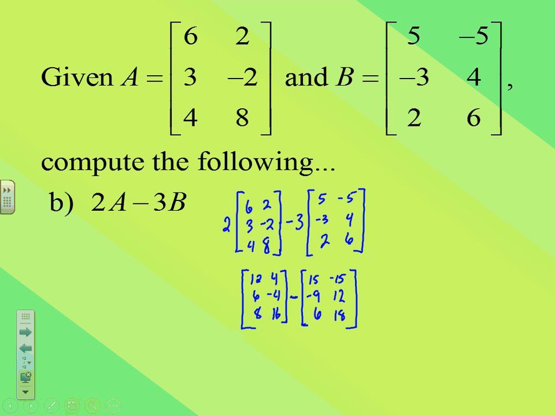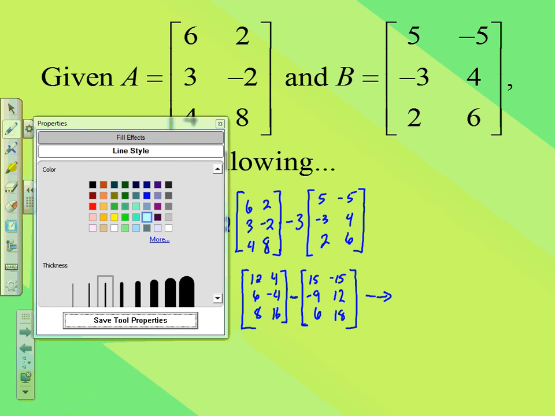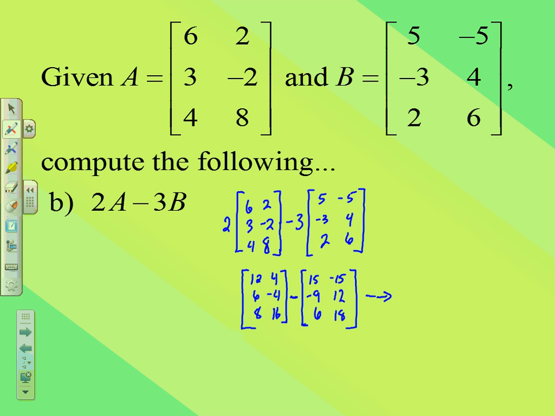So now we're going to combine these elements. And for the interest of space, I'm going to just write my answer to the right of this. Just in case anybody needs to see it one more time, let's identify some of our color coding here. This 12 combines with this 15 here, the same elements from one to the other. So here I'm going to say 12 minus 15, that's a negative 3.